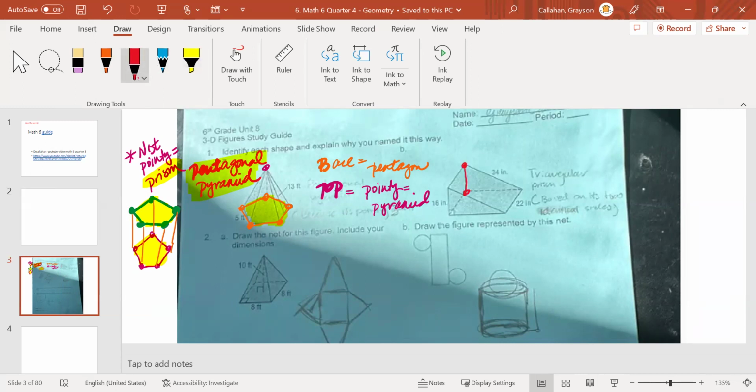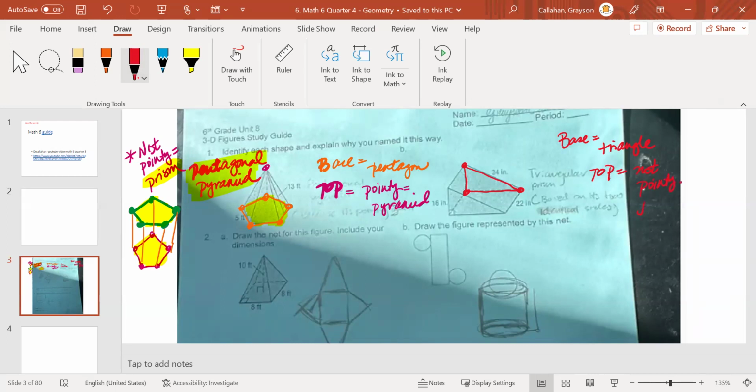What's your base? Is what shape? Triangle, right? And the top is? It's not pointy.